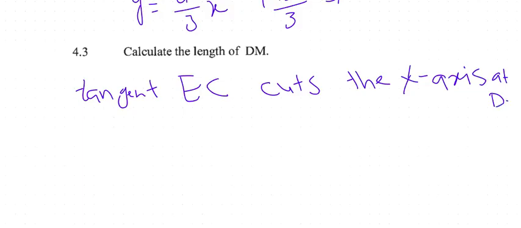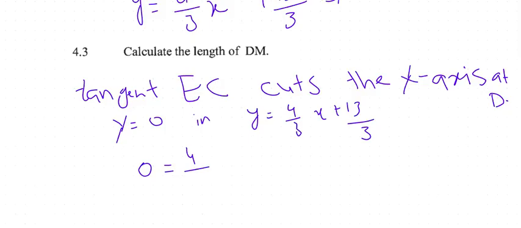We can use the equation of EC to find the coordinates of D. So we set y equals 0 in y equals 4 by 3 x plus 13 by 3. We have 0 equals 4 by 3 x plus 13 by 3.